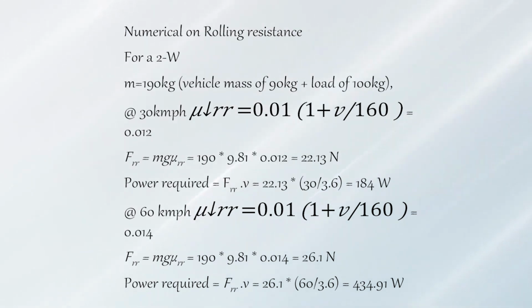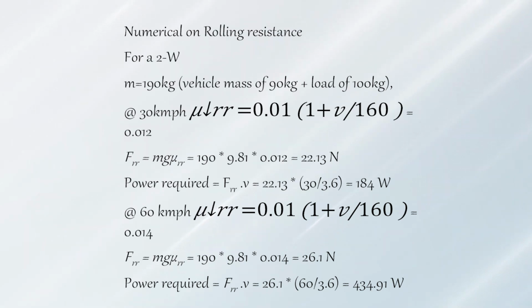What changes is mu r r, because as the expression suggests, mu r r is dependent on the speed of the vehicle, 0.01 into 1 plus v by 160, and upon substituting the value v, we get 0.014, and the rolling resistance force is 26.1 Newton.